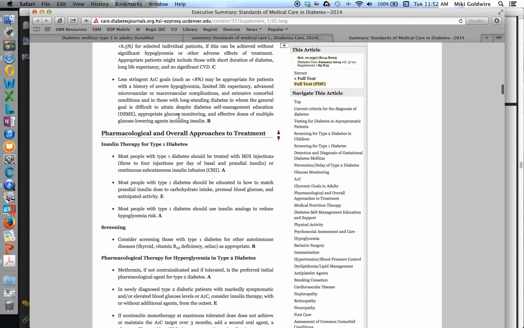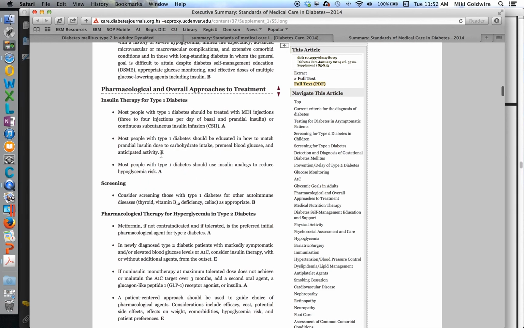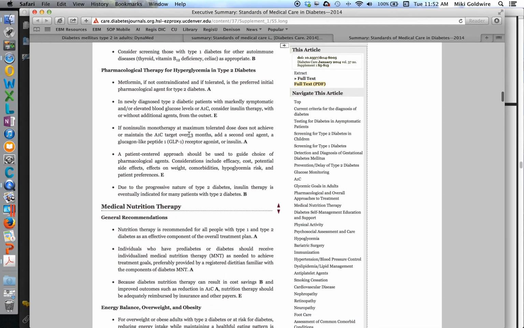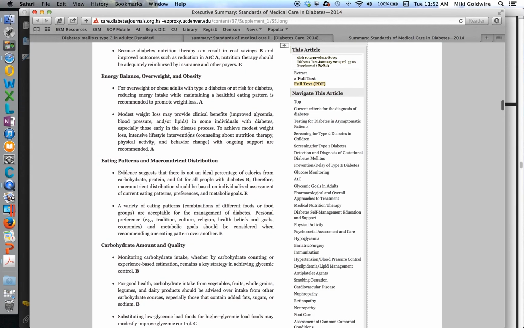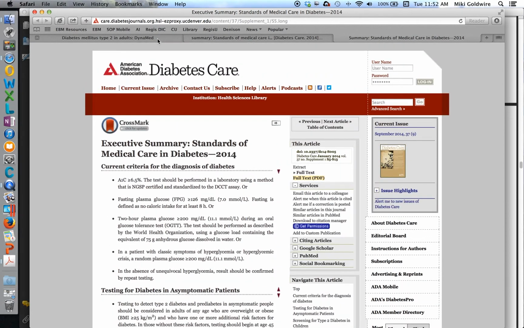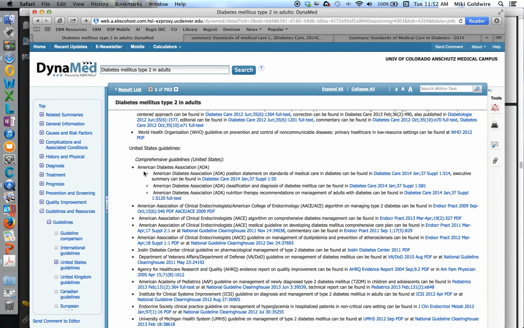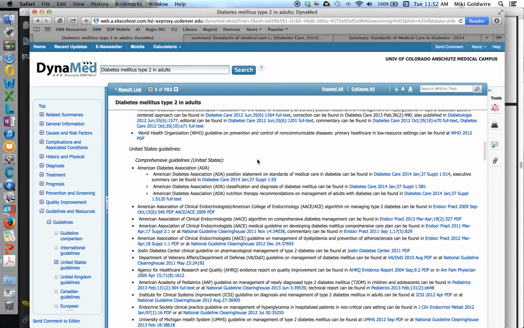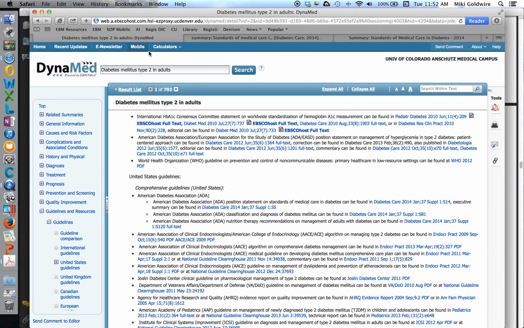I would have to go to the full text of the article to determine what these recommendation levels mean. But again, that was in Dynamed, and I do suggest that you do use Dynamed. You put in the disease state you want, and then you go down to the guidelines button and hit the guidelines for whatever you're interested in.